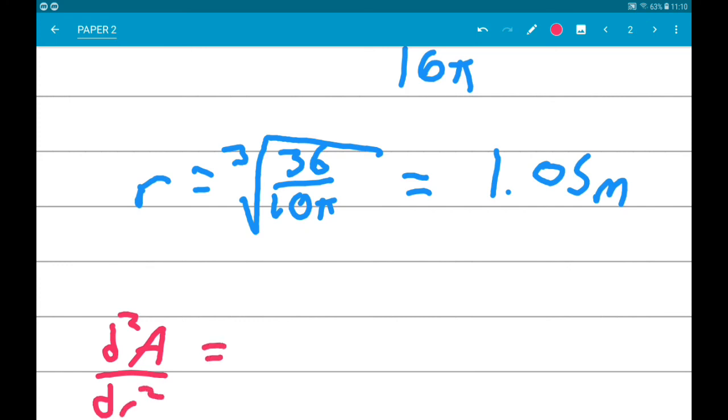So, minus 12r to the minus 2 differentiates to 24r to the minus 3, or 24 over r cubed. And then 10 pi r over 3 is just 10 pi over 3.